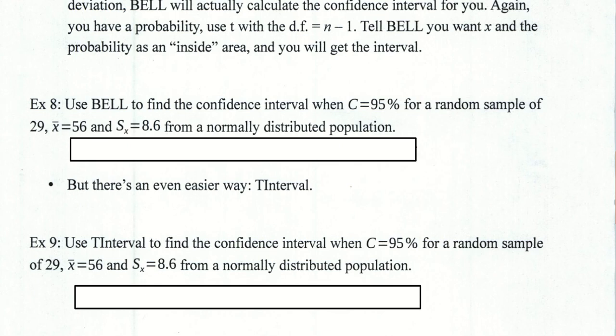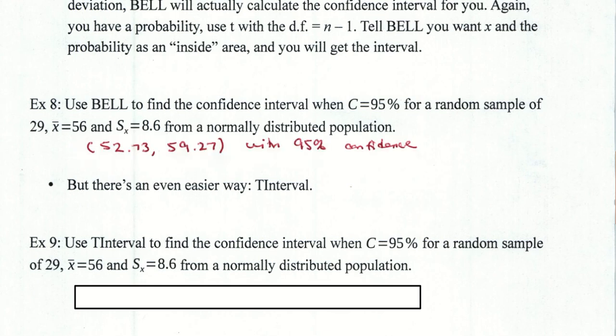That's our confidence level, 0.95. And then it says left-tailed, right-tailed, inside or outside. We want the inside area because we want to capture 95% of that probability. Press Enter again. And we've got a left and a right endpoint to our interval.